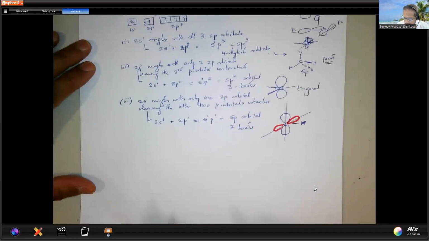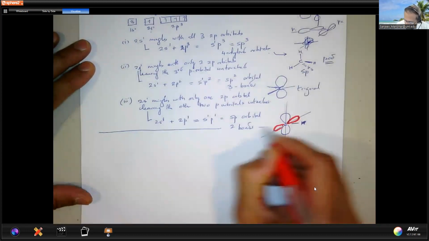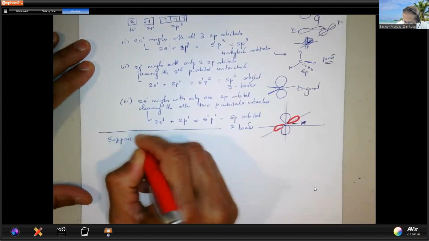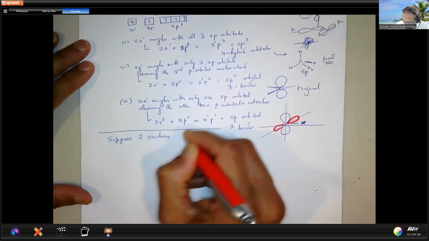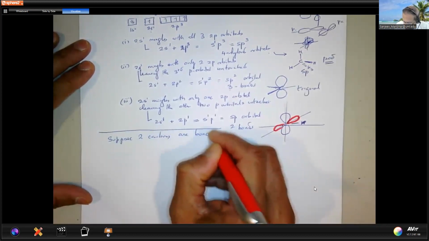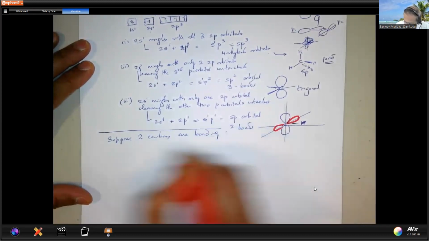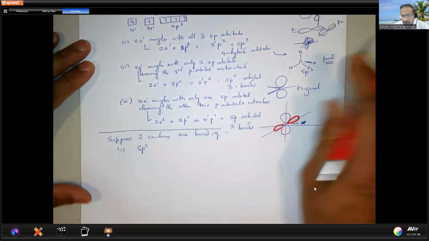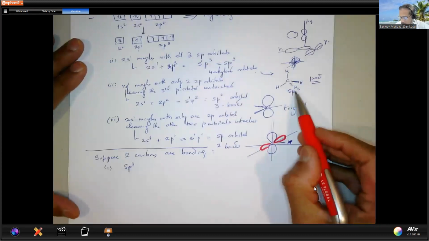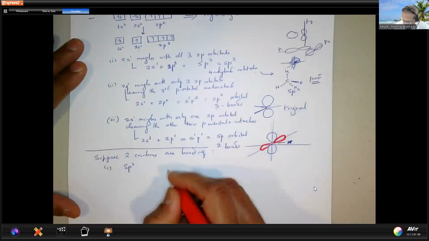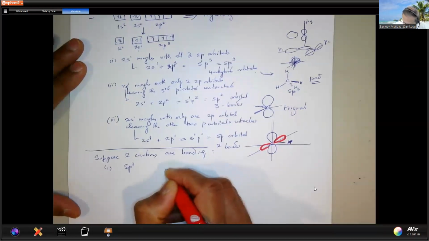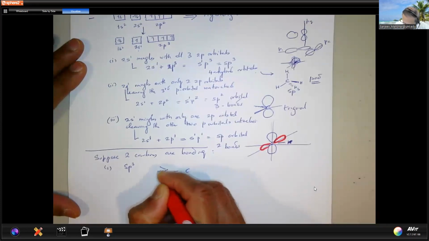Suppose there are two carbons bonding. What is sp3? You got to get two tripods to bond, right? The best way to get two carbons, two tripods to bond. Let's call that, and then that's going into you.